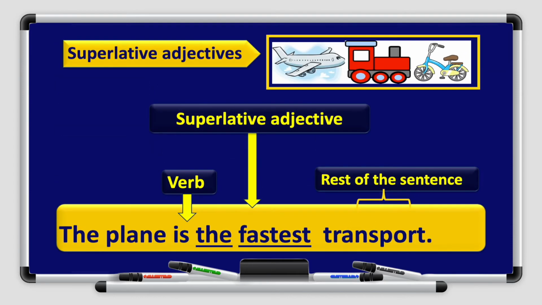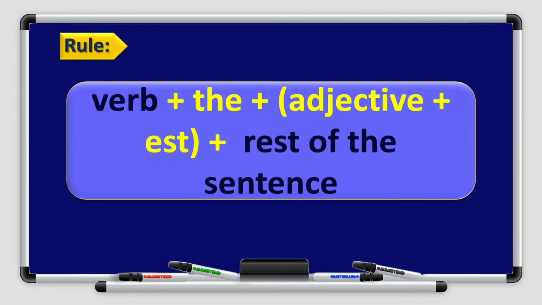Now, let's see some examples of superlative adjectives. The plane is the fastest transport. We have the verb is and the superlative adjective the fastest and the rest of the sentence. What is our rule here?